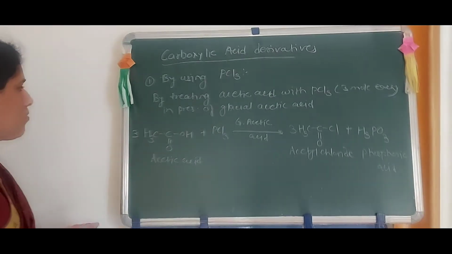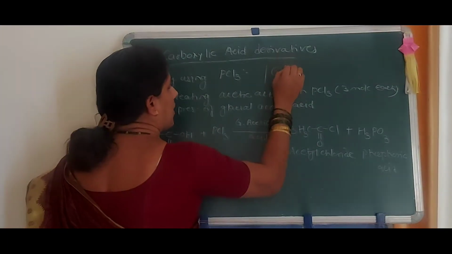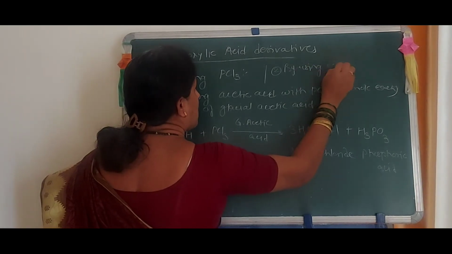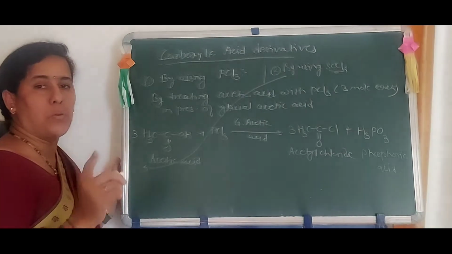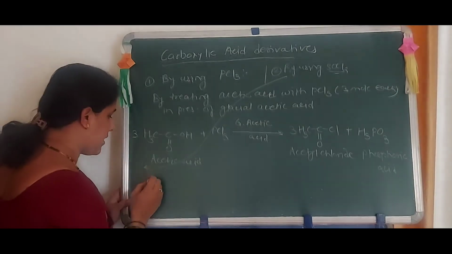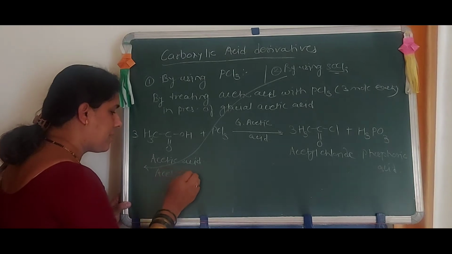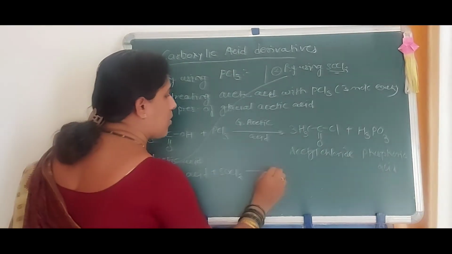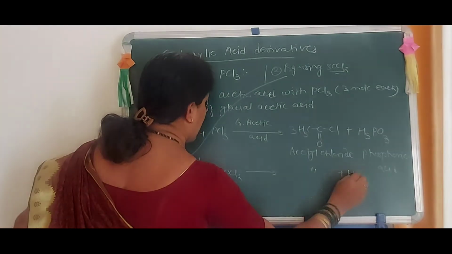Now the second method is by using SOCl2, thionyl chloride. Again we have to use acetic acid. The reaction is acetic acid plus SOCl2, there is formation of acetyl chloride plus HCl.